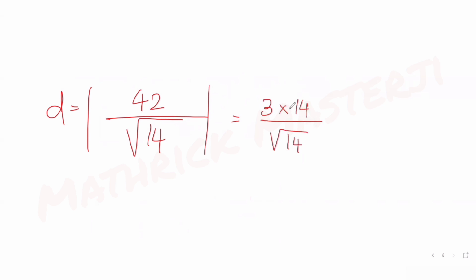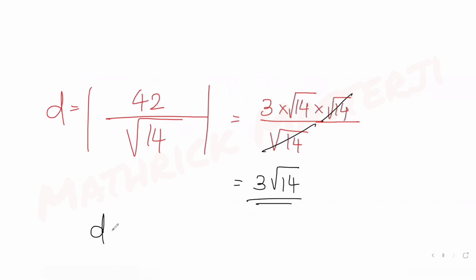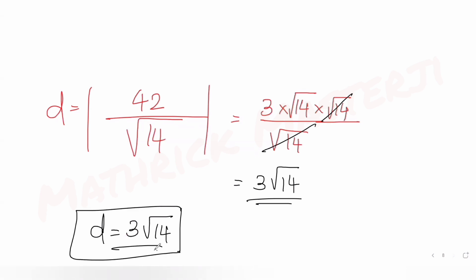So if I try to cancel it, root 14 gets cancelled, and you get the answer to the question as 3 root 14. So the distance of the plane 3x plus 2y plus z plus 29 equals 0 from the point Q becomes 3 root 14. So that is the answer for the question that is presented to us.